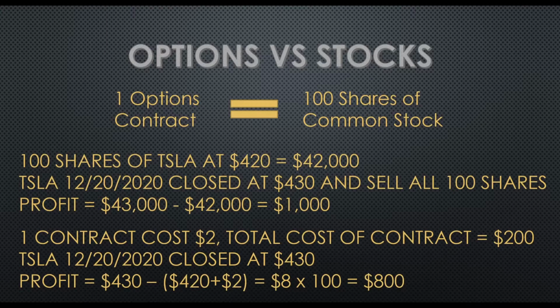So the difference is about $200. But when you think about this, I'm only using $200 of my money to make $800, instead of using $42,000 on shares to make $1,000. So that is how you leverage your money with an options contract with only $200. Again, this is all theoretical. The actual profit may differ.